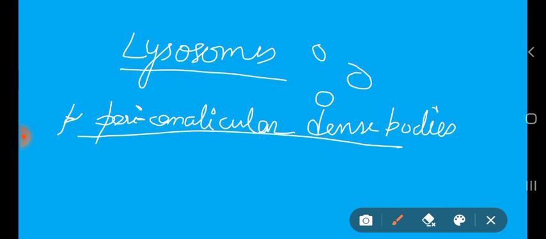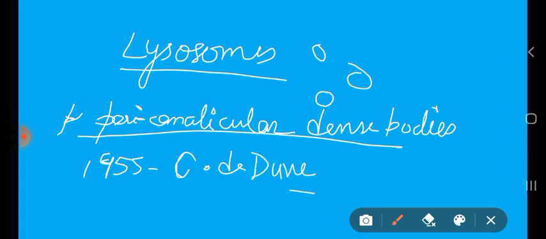Then in 1955, a scientist known as C.D. Dewey discovered these lysosomes again, based on their function.